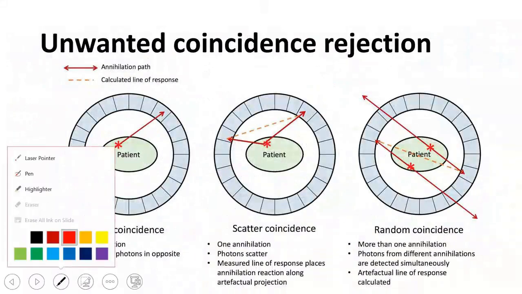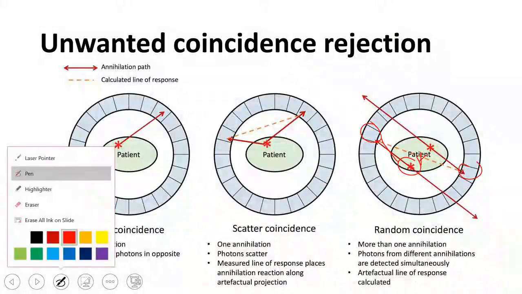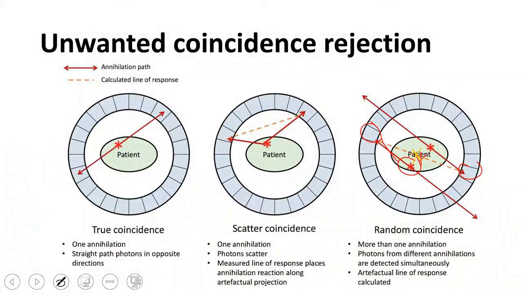So it comes down here, and on the other side, another ligand is coming from a different place. The machine will start calculating its line of response, and it will indicate the location of the point here in this dashed point. But this is not true. So it creates something called random coincidence.